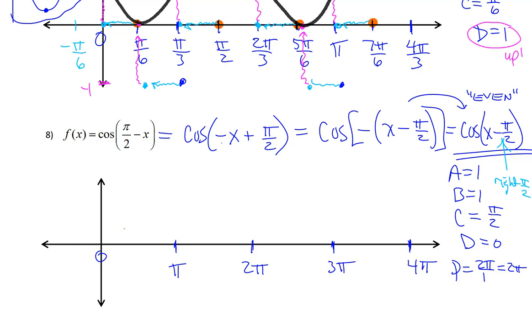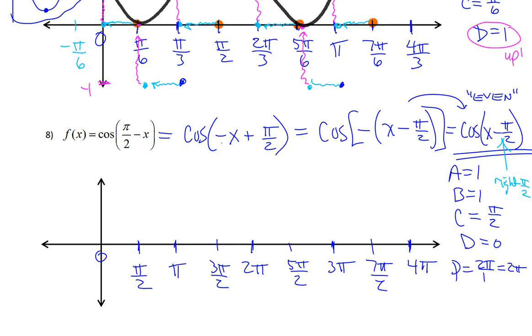Cut those in half one more time. So we'd have pi over 2. And then we're just counting by half. So 1 half, 2 halves, 3 halves. So 3 pi over 2. 4 halves is 2. 5 halves, 5 pi over 2. 6 halves is 3. 7 halves, 7 pi over 2, and then 8 halves is, sure enough, 4. So we have our scale all set.